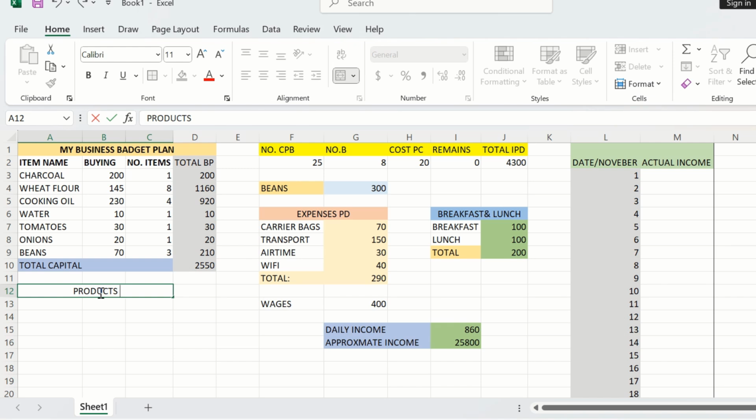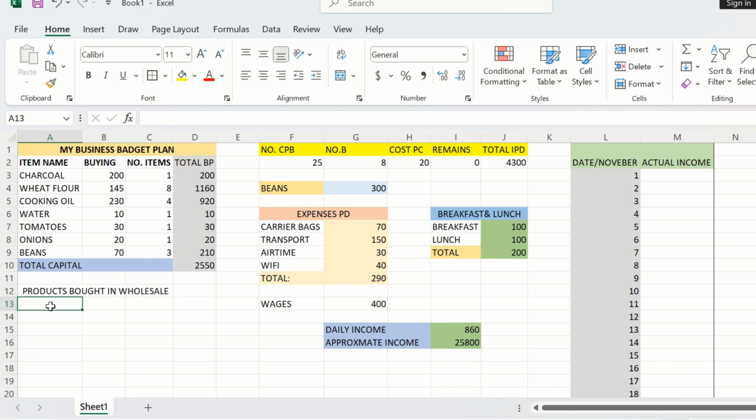So you can buy products on a wholesale price basis, and therefore you have to make that consideration as well. So assuming that, let us look at that.